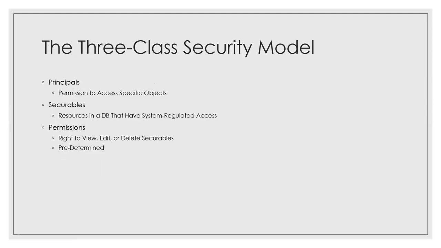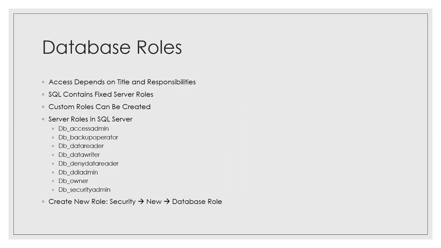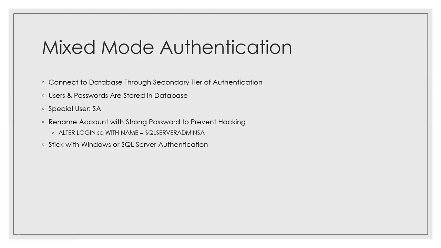So let's go back really quick and remember what securables are. They're resources in the database that have system regulated access. So the securityadmin role allows you to grant, deny, and revoke those permissions to those securables, with the exception of the db_owner role, obviously. And if you want to create a new database role, this is what I'm going to show you guys on SQL Server toward the end of this lesson.